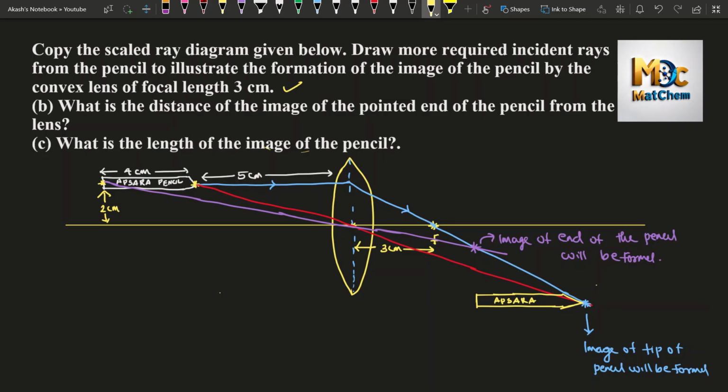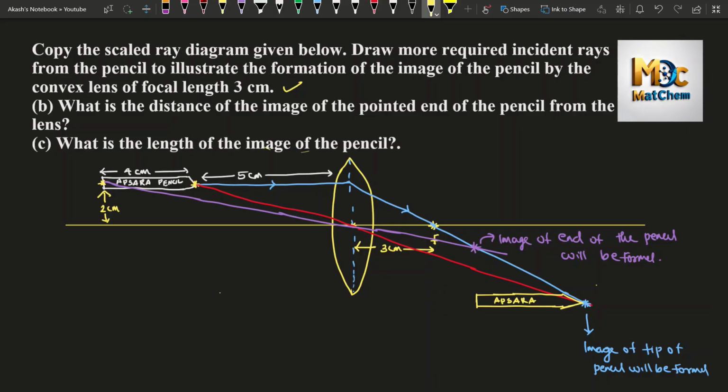What is the distance of the image of the pointed end of the pencil from the lens? They are asking for the distance of the image of the pointed end, that means the tip of the pencil, from the lens. When you're considering the tip of the pencil as the object, that is 5 centimeter away from the lens.